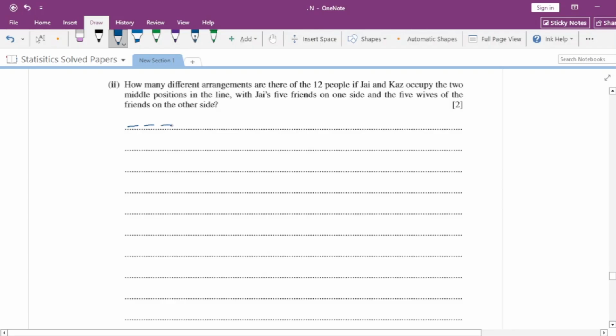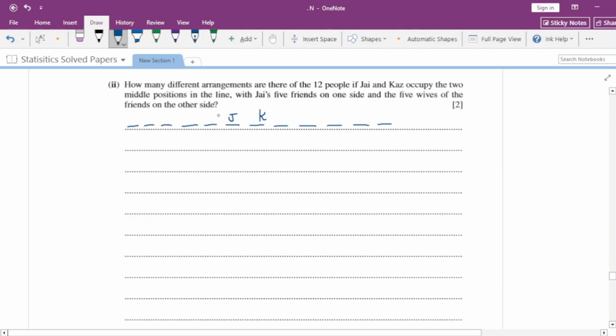Again, we have 12 slots: 1, 2, 3, 4, 5, 6, 7, 8, 9, 10, 11, 12. We want Jai and Kaz to occupy the middle places. So J goes over here, making sure there are 5 slots on each side: 1, 2, 3, 4, 5, and then K over here, 1, 2, 3, 4, 5.